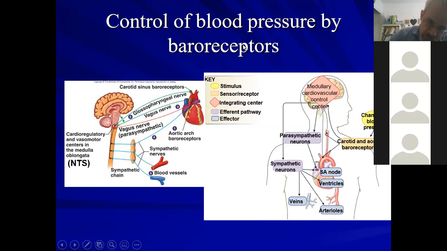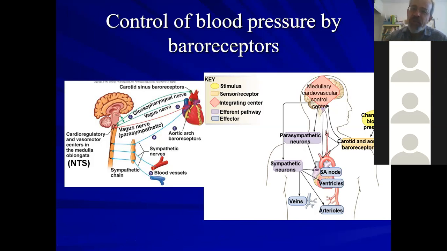We've heard of receptors before. In this case, these are specialized cells that are sensitive to pressure, and they're located in the aorta and in the carotid artery, which is a branch off the aorta. So think of these as little sensors, much like a thermostat in our house, which senses temperature. These are little specialized cells that sense pressure.